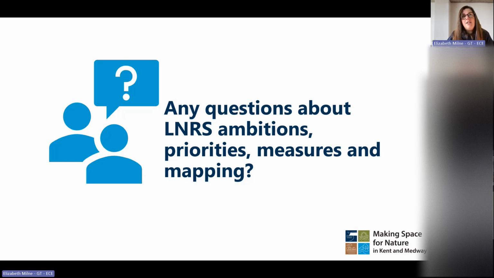And then the other reason that we've promoted more than one potential measure is, if you're looking at individual land parcels, yes, you might just want to focus on one potential measure, but we're trying to encourage landscape scale restoration here. So we need to include a multitude of different measures so that we end up with that mosaic of habitats that we need at a landscape scale to support nature recovery.